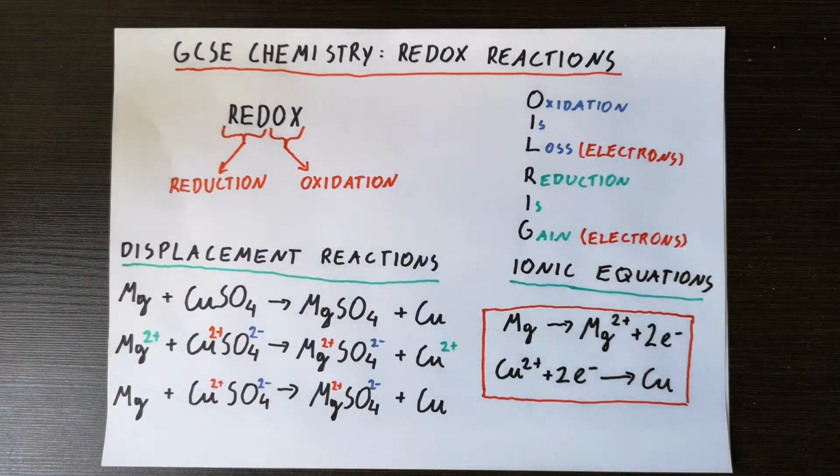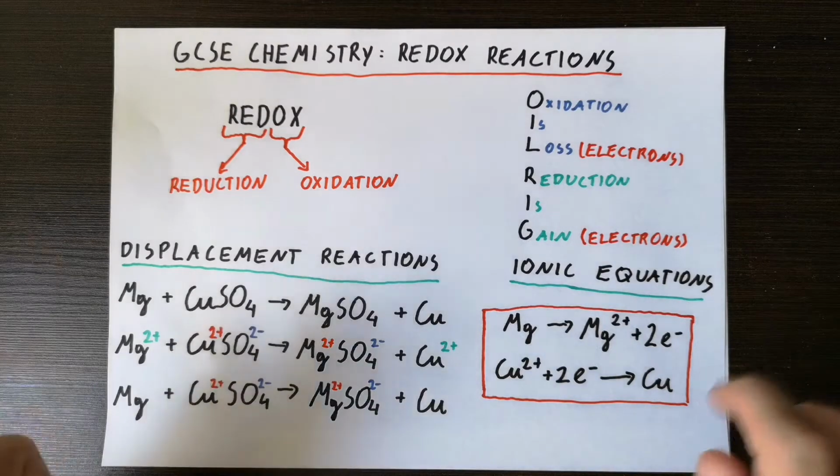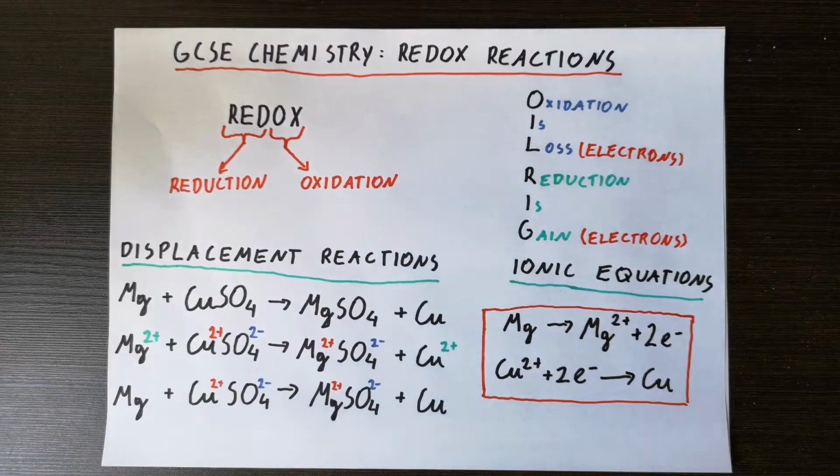So, just to simplify it here, I took away the potential charges. Now that's what we start off with: magnesium, copper 2+, sulfate ion 2-. Then what we end with is magnesium 2+, sulfate still 2-, and copper in its elemental, original form.